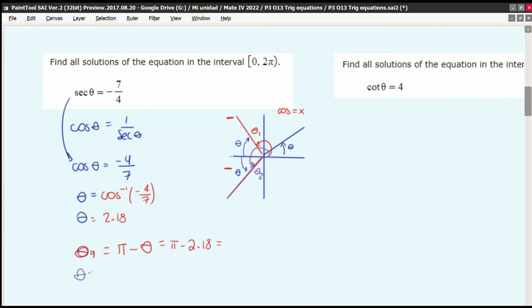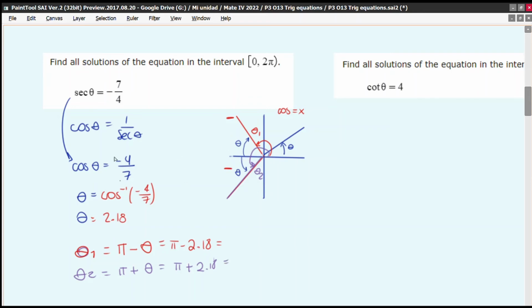And the second angle, or the second solution, that is the purple one, is a full spin plus the reference angle. A full spin plus the reference angle. In this way, my red angle lives in the second quadrant and my purple angle lives in the third quadrant.